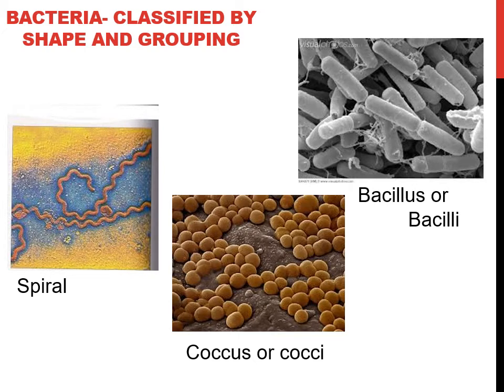Okay, and here's just some visual images of different shapes of bacteria. So spiral, cocci, such as Staphylococci, Streptococci, and bacilli, which typically look more like rods. They're more oval in shape.